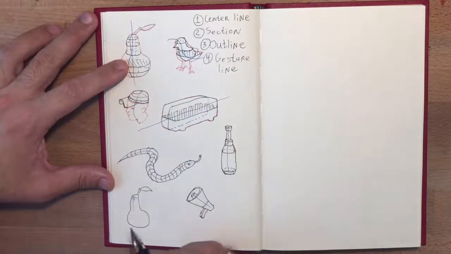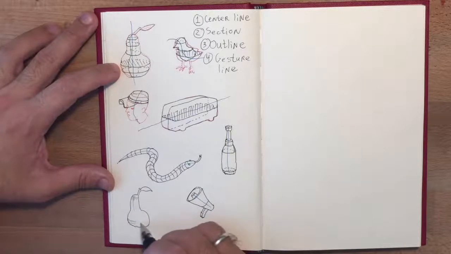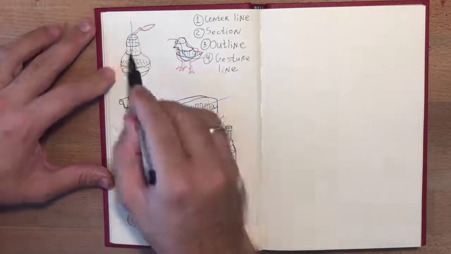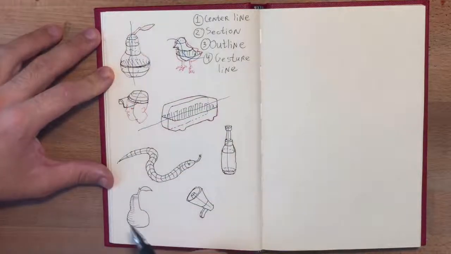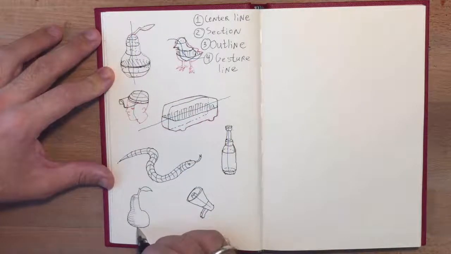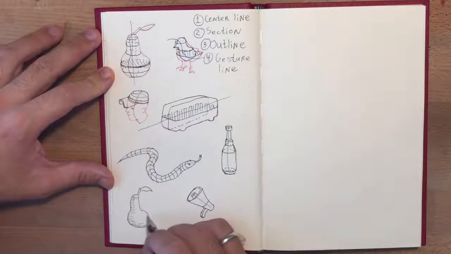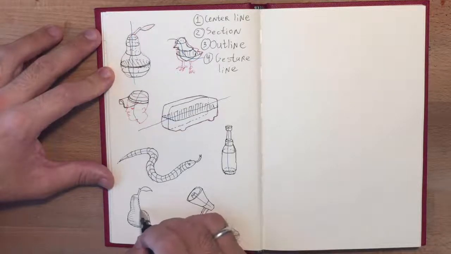Or cross section hatchings are like this, right? So instead of drawing the section line, I make some marks which follow this line.